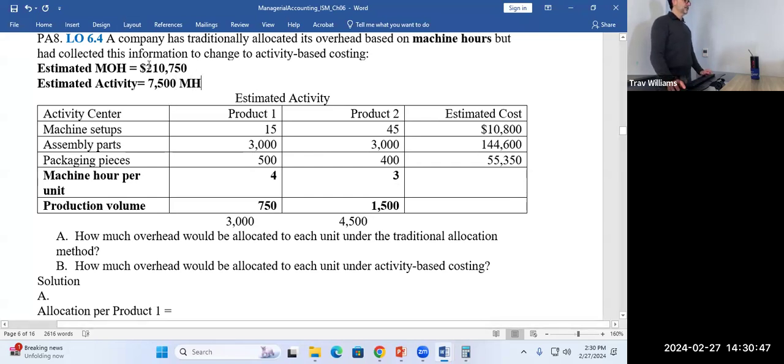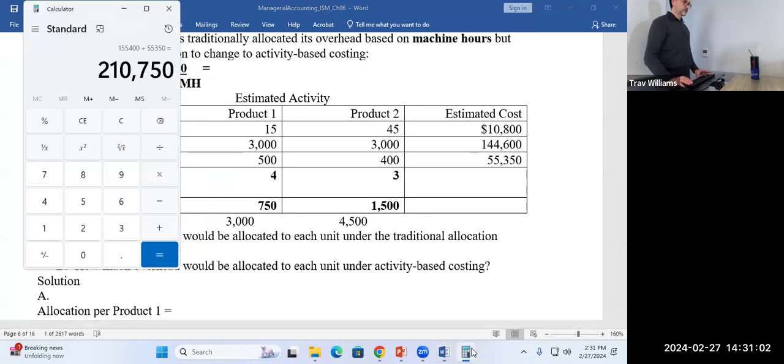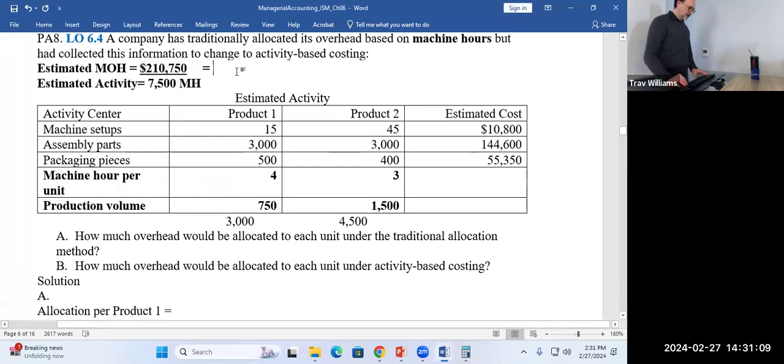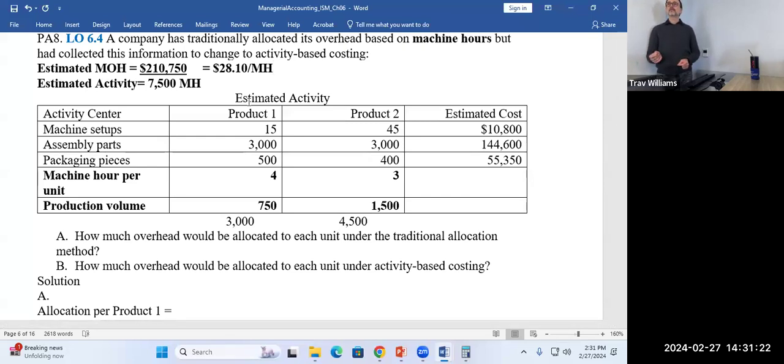So we're talking about this much overhead divided by this much activity, and that gives us our rate, which comes out to 28.10. Exactly right. What does that mean, 28.10? So $28.10 of overhead per machine hour.